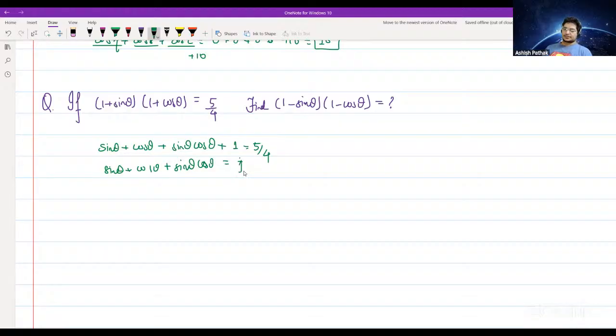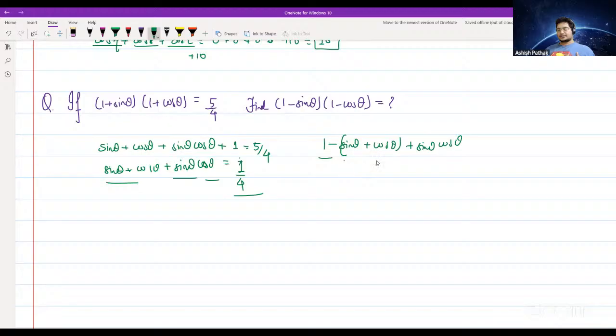You will get this as 1 over 4. This is the value that you will get. Now, if I expand (1 minus sine theta)(1 minus cos theta), you will get minus sine theta minus cos theta plus sine theta cos theta. So from here, we are getting the value of sine theta plus cos theta plus sine theta cos theta, that is equal to 1 by 4.